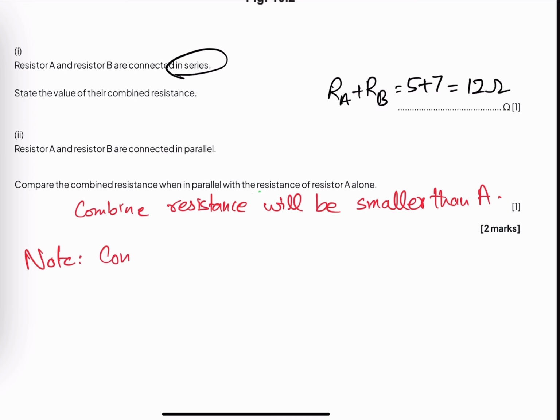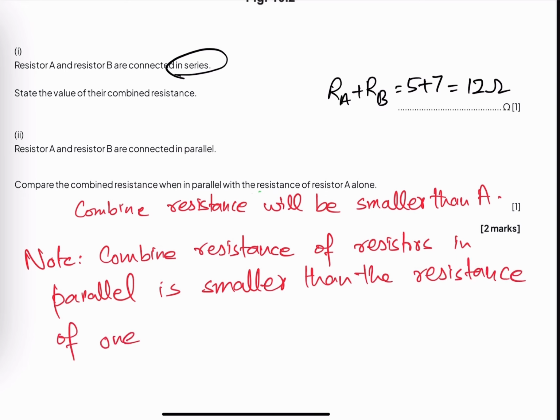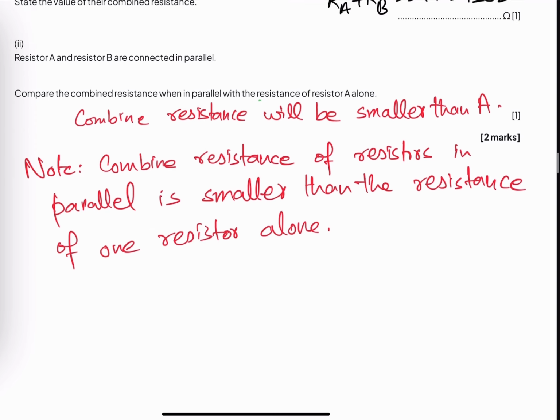Note down in your notebook for future reference: combined resistance of resistors in parallel is smaller than the resistance of one resistor alone. It is applicable for all the cases when they are attached in parallel.